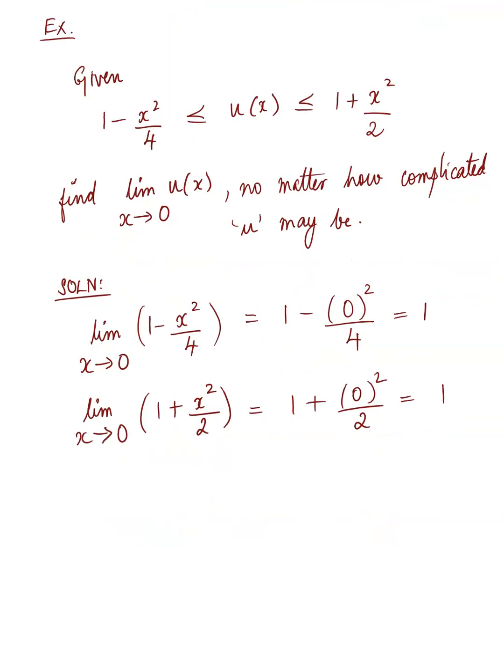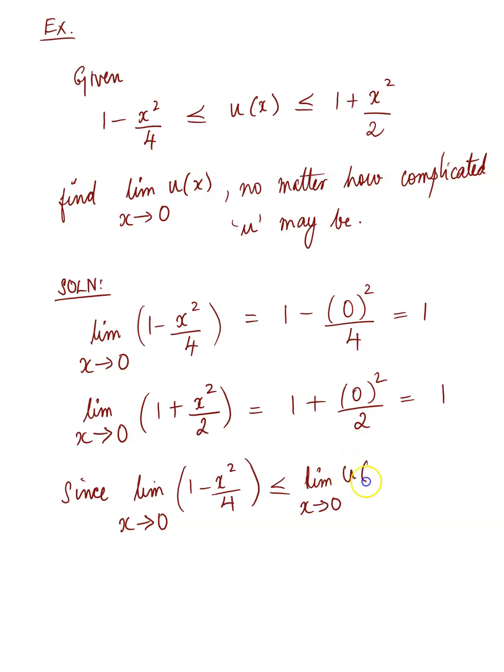Okay. Since the ends both point to 1, the limit of 1 minus x squared over 4. This is how we write a step, okay? So you are applying the limit on all three parts, not knowing what u could be.